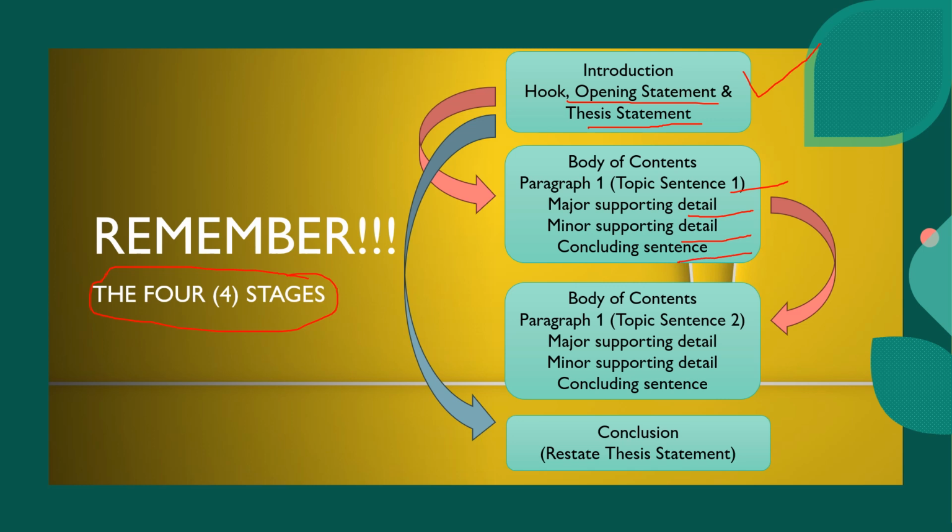And in the third paragraph, you will be doing the same, whereby you need to write the second topic sentence, followed by the first major supporting detail, followed by the minor supporting detail, and lastly, the concluding sentence. And lastly, don't forget to write your concluding paragraph, whereby you need to restate your thesis statement.